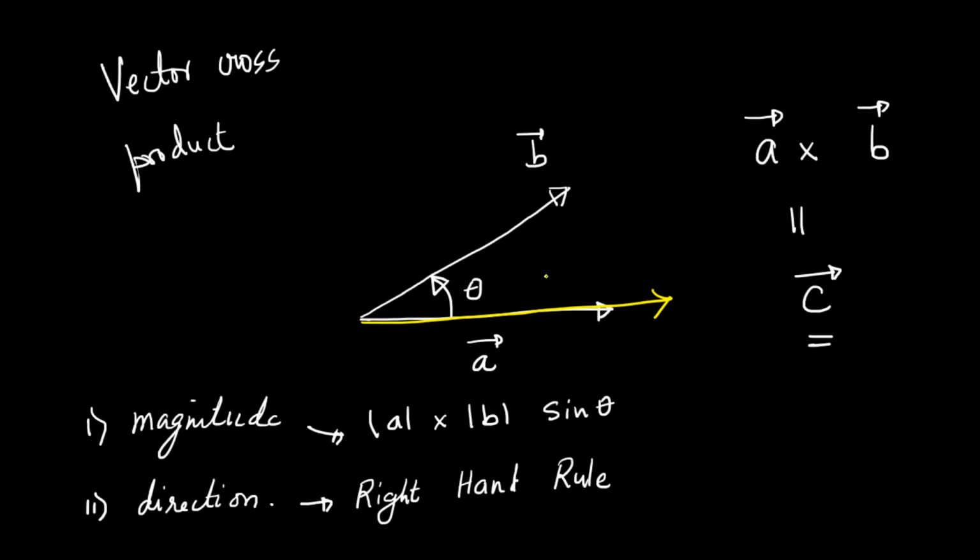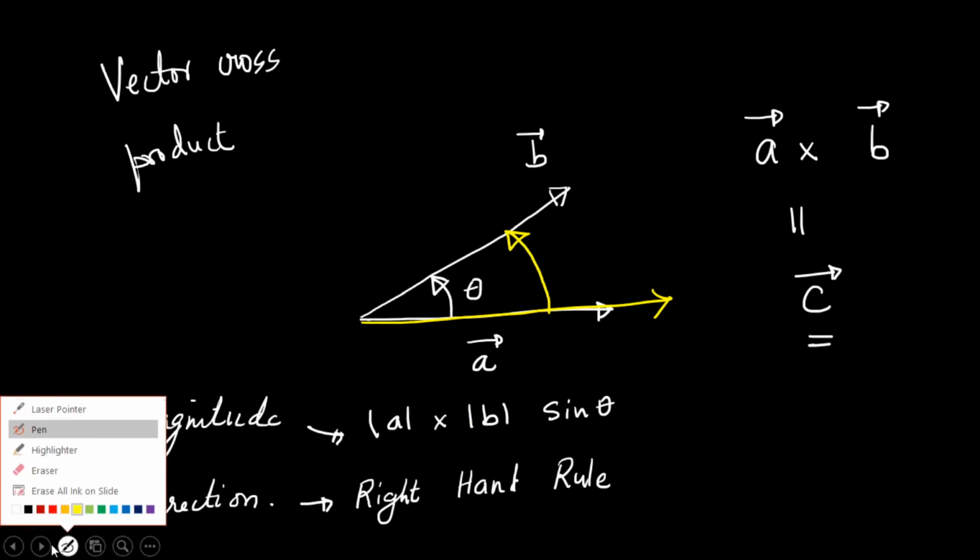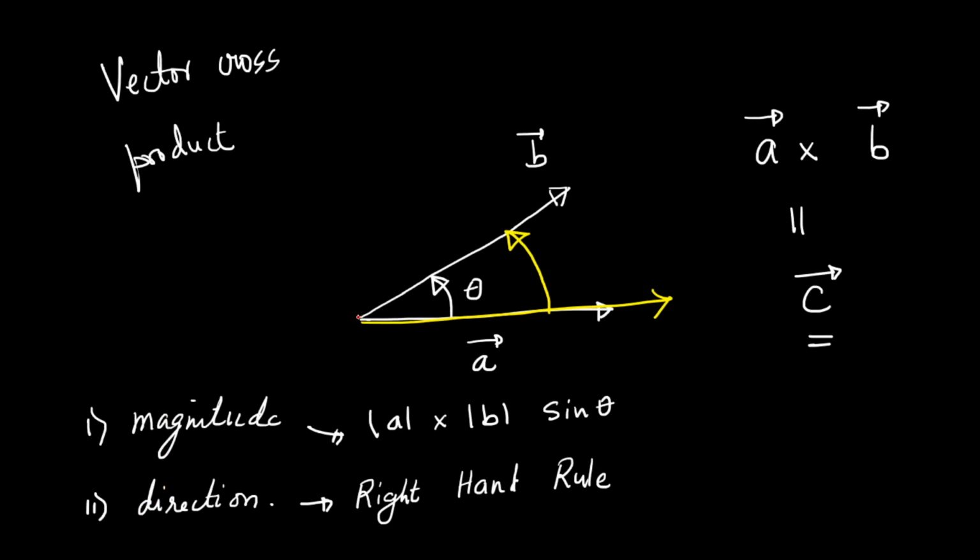Then you curl your fingers in the anti-clockwise direction towards B, and then stick your thumb out. So in this case, the thumb is coming out of the plane of the blackboard. It's perpendicular to the blackboard at this point, and out of the plane of the blackboard is represented like this.